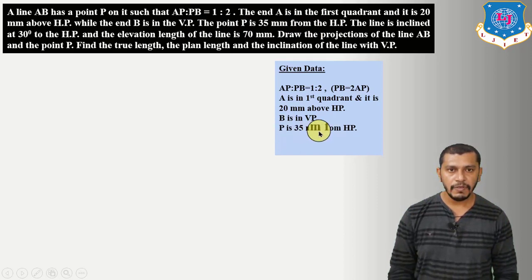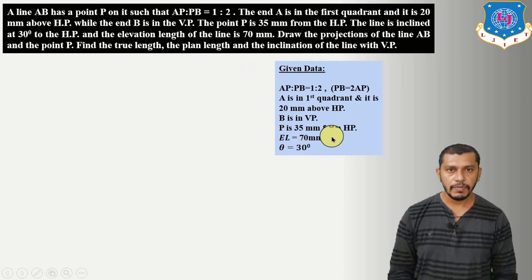So either point P will be above the horizontal plane or it will be below the horizontal plane, that we have to assume. The line is inclined at 30 degree to the horizontal plane, and the elevation length of the line is 70 mm. So theta is equal to 30 degree. Now we have to draw the projection of the line AB.